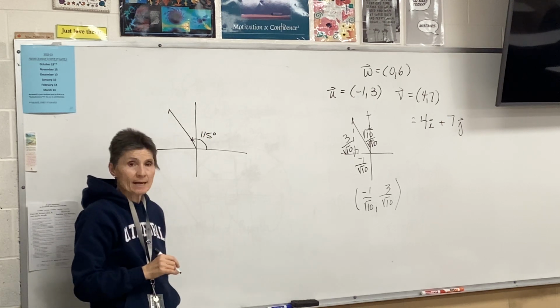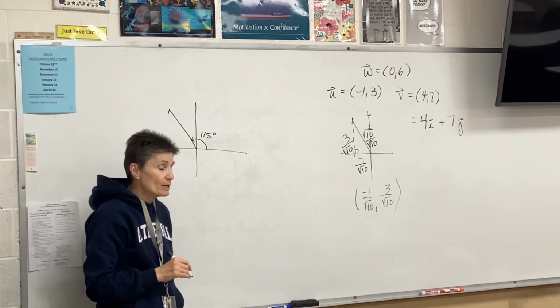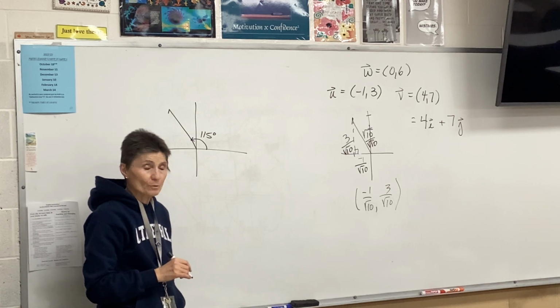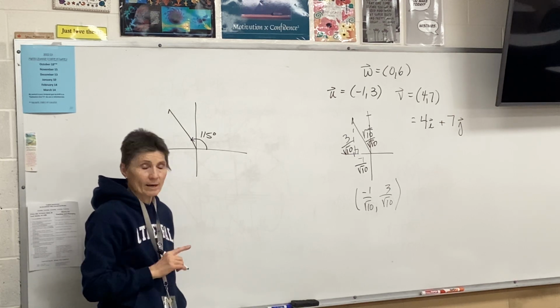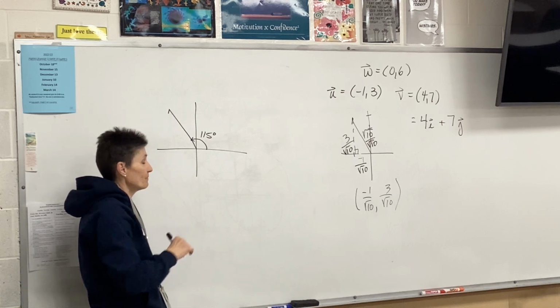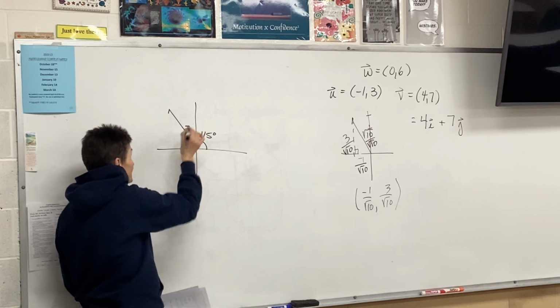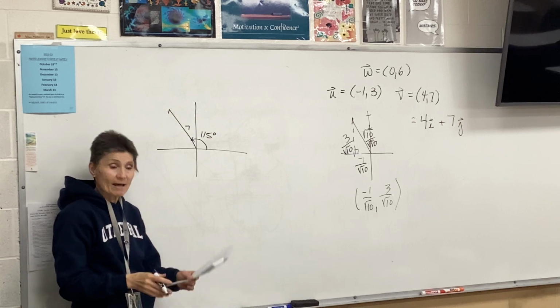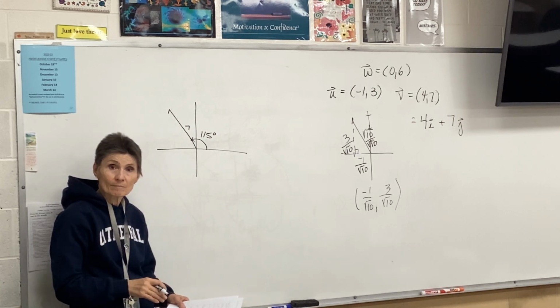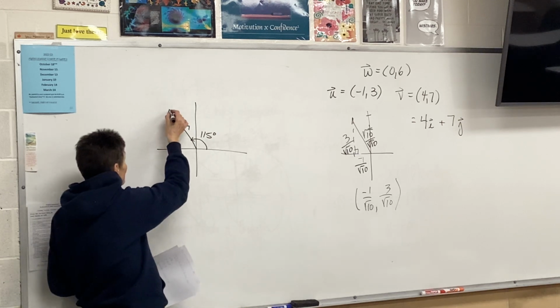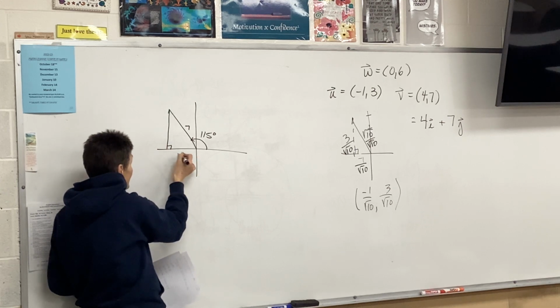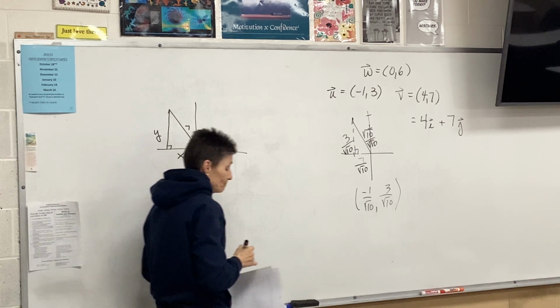Remember, we're measuring in standard position. The only time we don't measure in standard position is when we're doing navigation. You know that already. So there's 115. And the magnitude is 7. That means the length of that vector is 7. Now I am trying to find the x and the y.